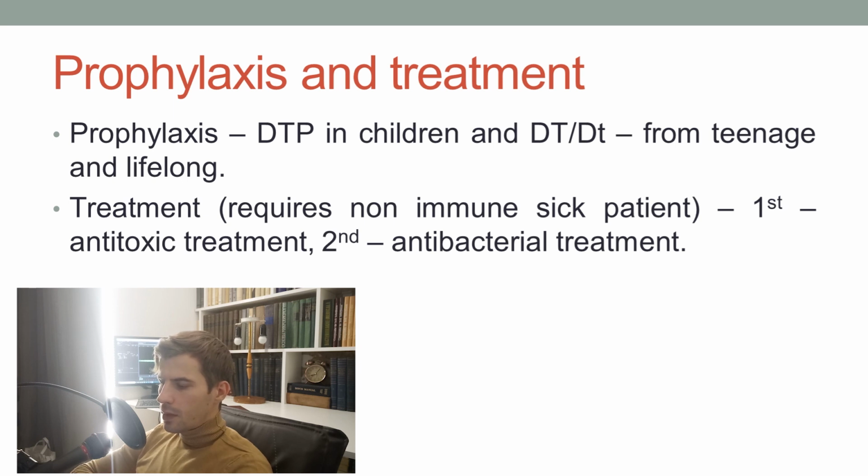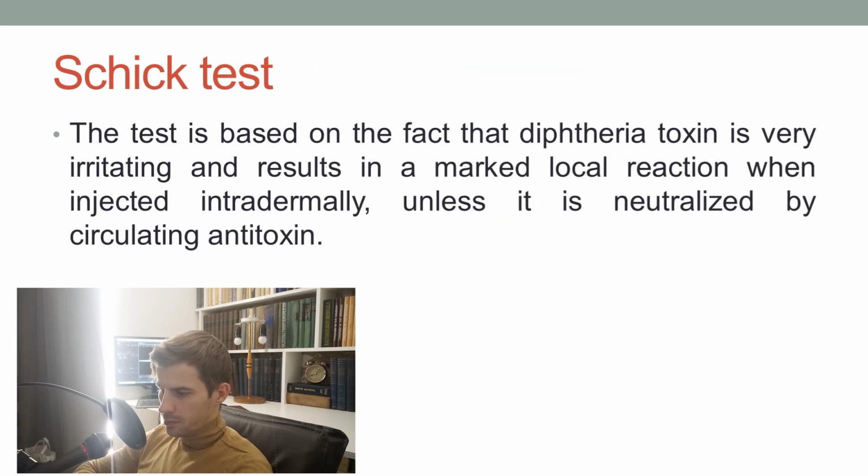The second part is antibacterial treatment. Even if we should start with antitoxic treatment, it doesn't mean that antibacterial treatment is not important, since we should eliminate the bacteria which is producing the toxin. As soon as we eliminate both toxins and bacteria, we'll have a healthy patient.